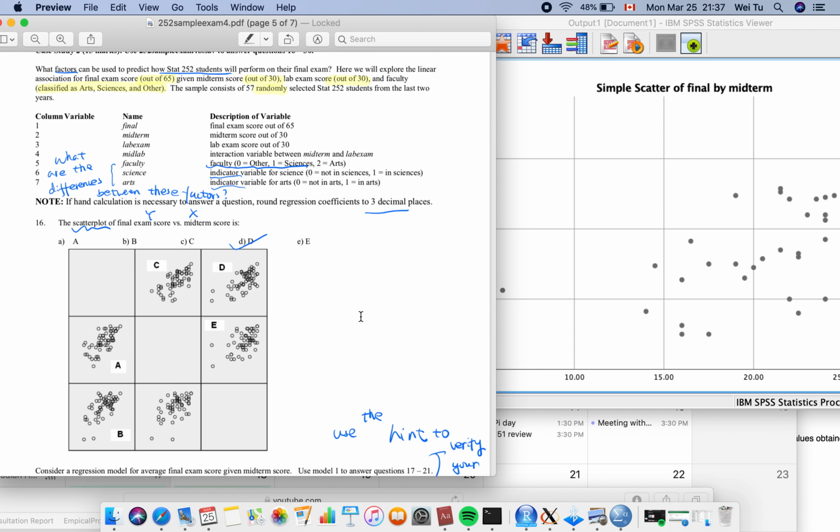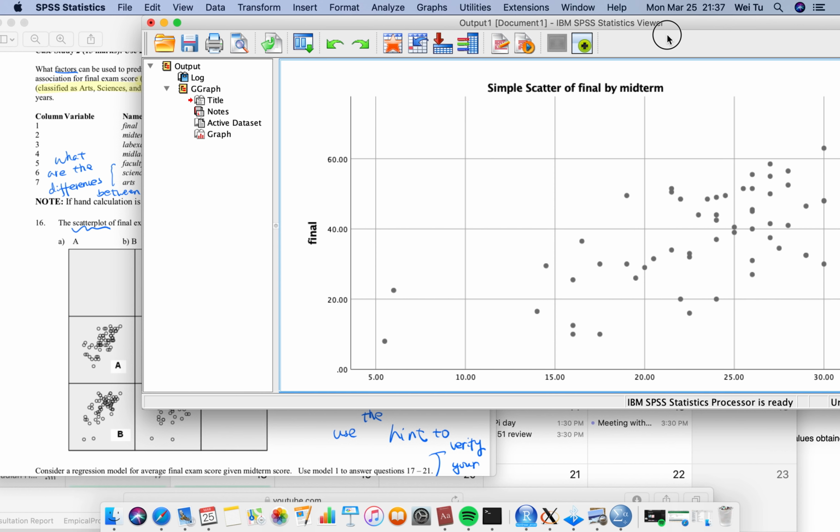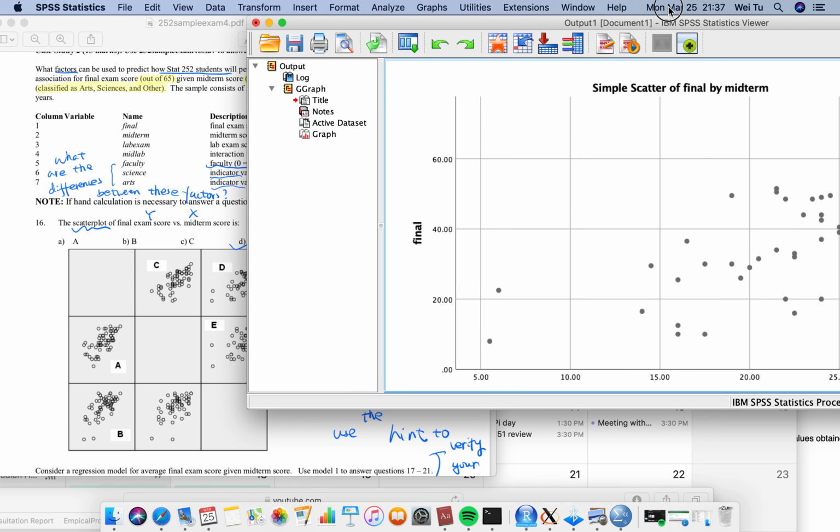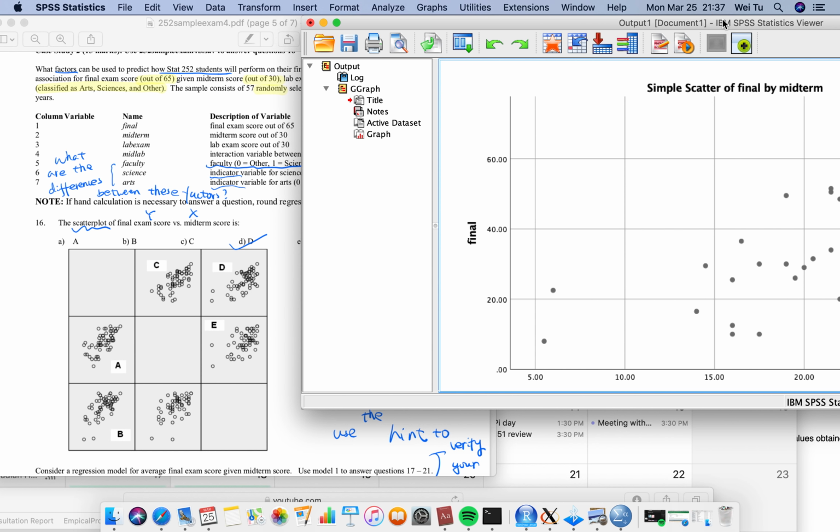Yeah, I mean, this D and E are kind of similar, but if you look at the main pattern here, D is more similar to the one we have here.